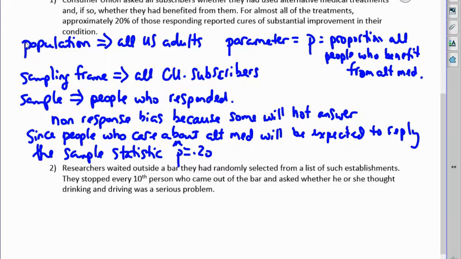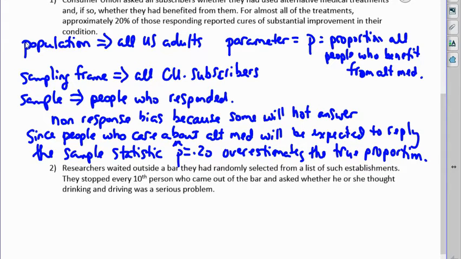So I think that P hat of 0.20 overestimates the true proportion of people who like alternative medical treatments.